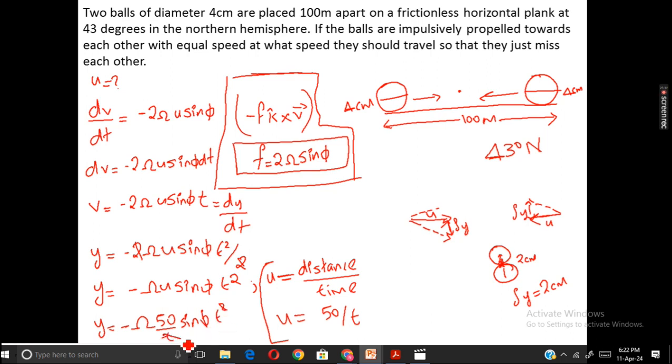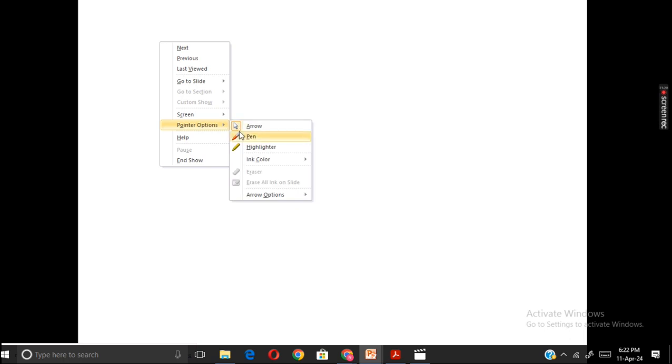So t square and t will cancel, and y is equal to minus omega 50 sine phi into t. This will be the equation. Now we know what y is. We want to find t. T will be y by omega into 50 sine phi.